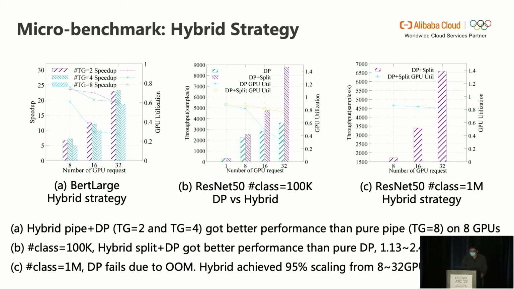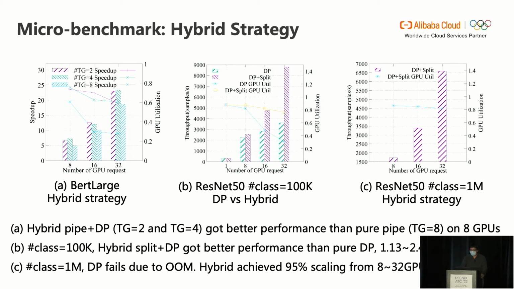Next, we evaluate the combination of hybrid strategies on a large-scale image classification model. We perform experiments on classification with 100,000 and 1 million classes on different numbers of V100 GPUs. To reduce the communication overhead of hybrid parallelism, we mix the ResNet-50 replica with the FC layer partition.